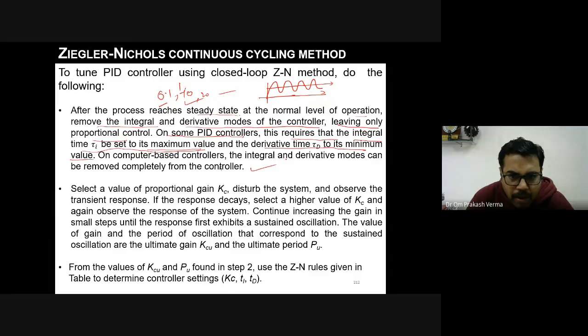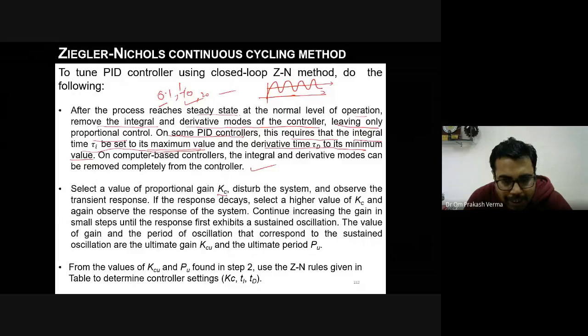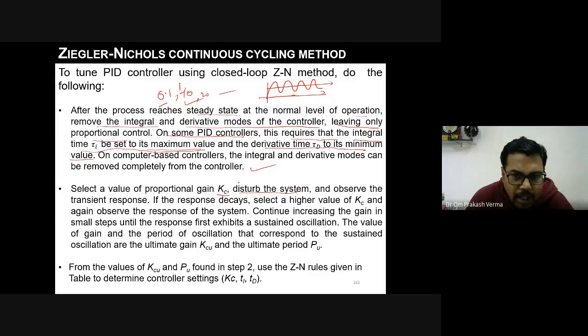Next, select a value of the proportional control gain Kc and disturb the system. First you took the Kc value. Now you have disturbed the system and observe the transient response.